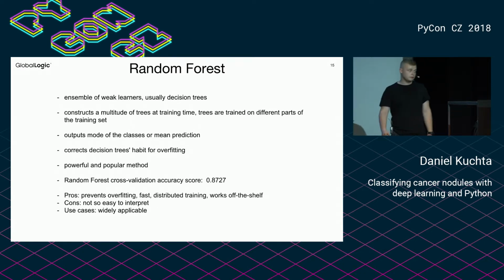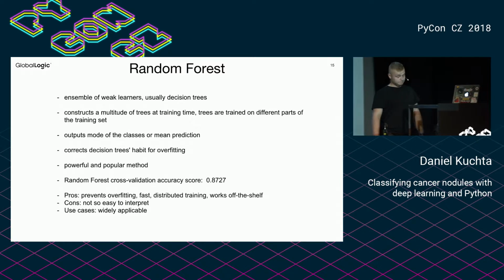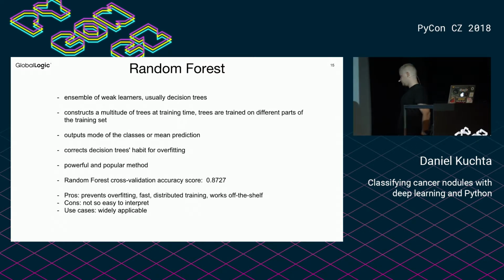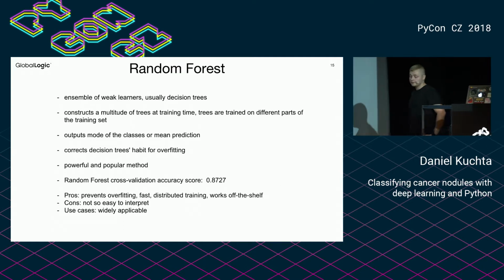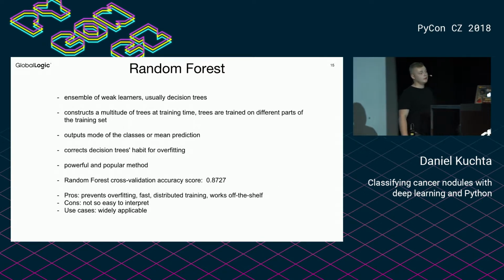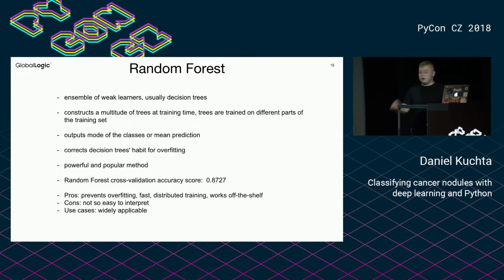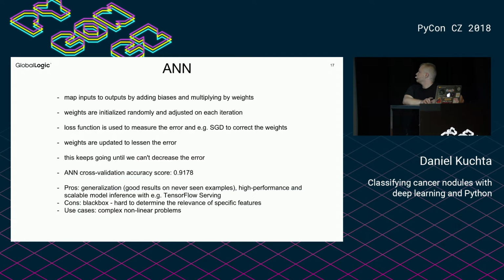The cool part about this is that you can do distributed training, so it's really fast. Again, it's widely applicable, and it corrects the decision tree's habit of overfitting. And again, here's what it looks like.